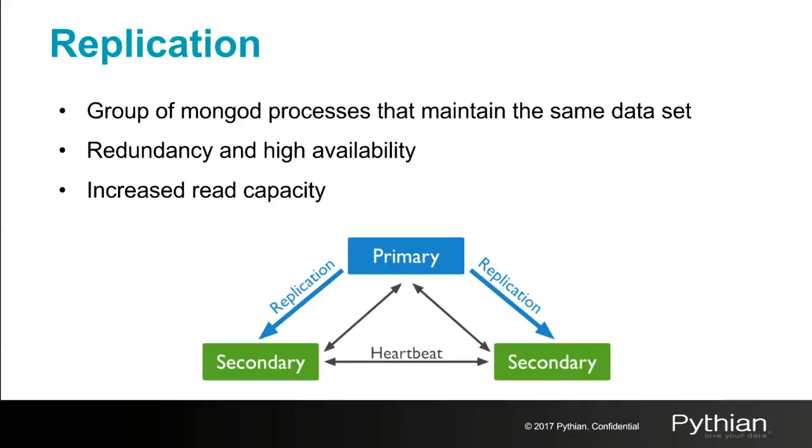The replication provides high availability, but it does not scale. So the replication itself is not a scaling solution. It's primarily for high availability, and to some extent it can increase our read capacity because moving from a single node, we now have multiple copies of our data where we can read from.